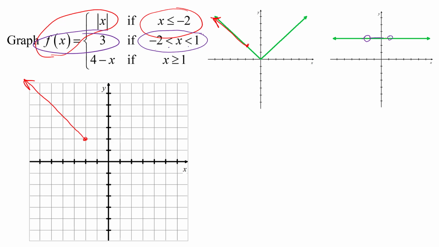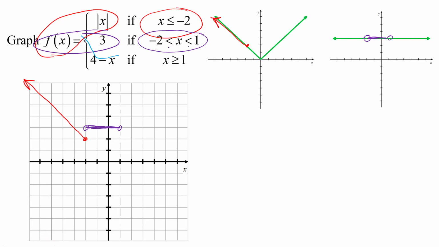But we do want all the points between those two numbers. And so let's transfer over here. So we have the point (-2, 3), and we have the point (1, 3), and we'll put a line segment between those two open circles there. And we move on to our third part of this graph.